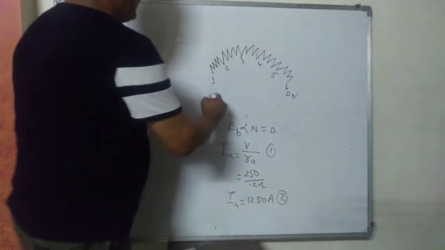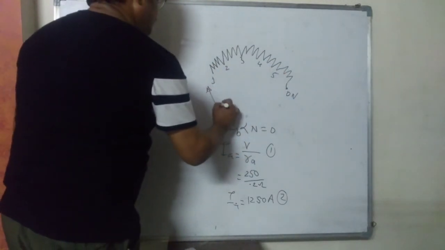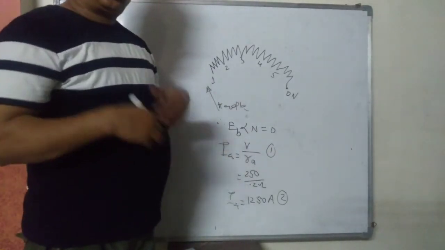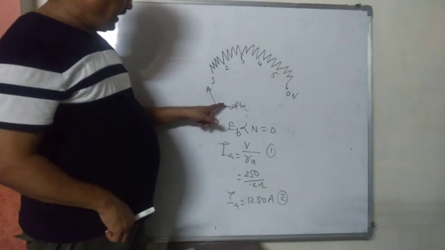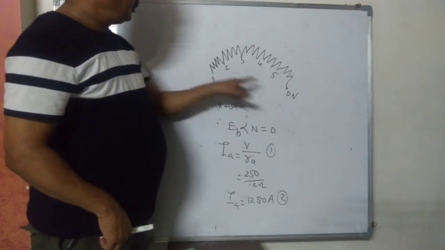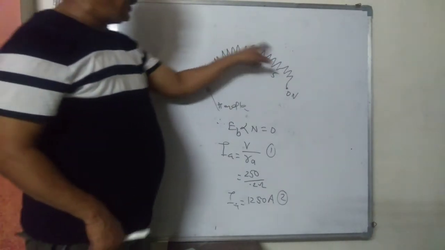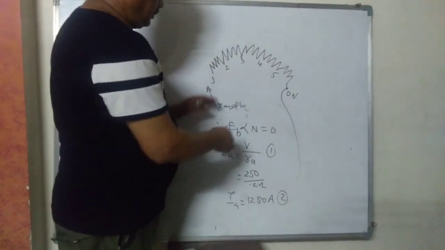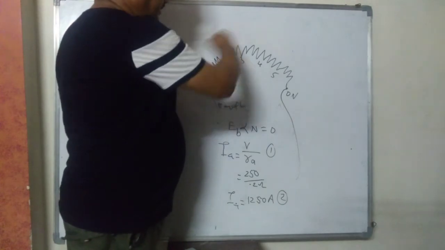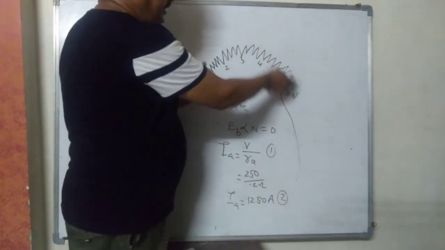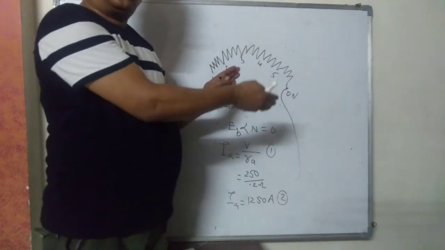Such positions are there and here is the handle. You can see the figure. Initially the handle is kept at this position, whole resistance is connected, and the circuit is complete. So when the supply is turned on, whole resistance is connected.